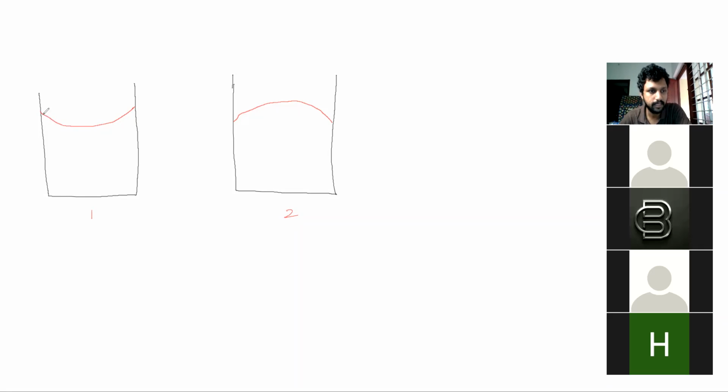We have seen water sticking on the glass, isn't it? Water will be raised near the glass. You are correct. The first one is water and the second one is mercury.